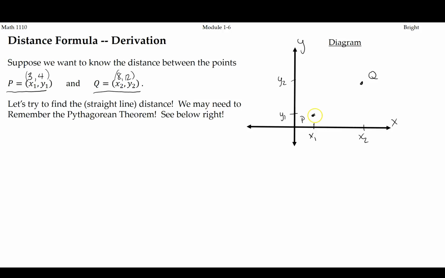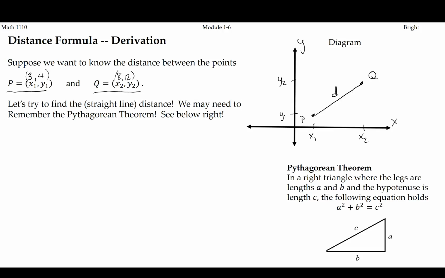And so what I'm trying to find is a straight line distance d that is between P and Q, okay? But to do that, well, we don't know how to do that exactly, but maybe I can use a very famous theorem that I know everybody's seen at least once in their mathematical career, the Pythagorean theorem.